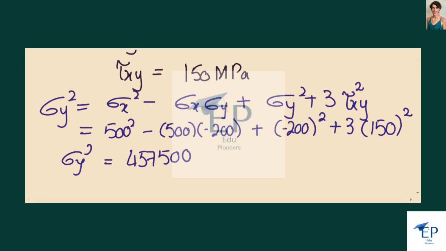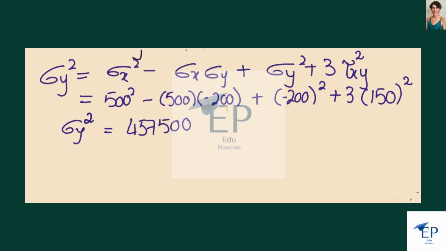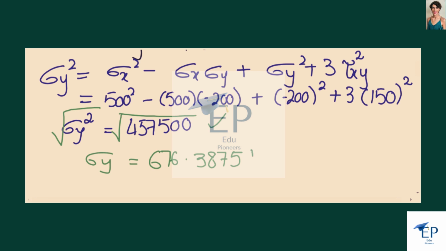Sorry, this is for the square, my bad. Now I'm going to take the square root of this equation, and I'll get that sigma sub y is equal to 676.3875 megapascals, right? And that is approximately equal to 676.4 megapascals.